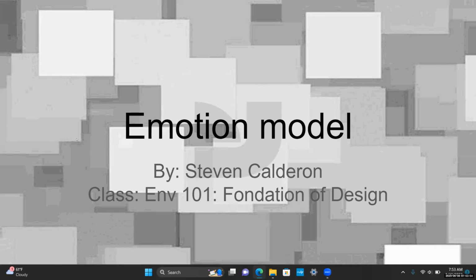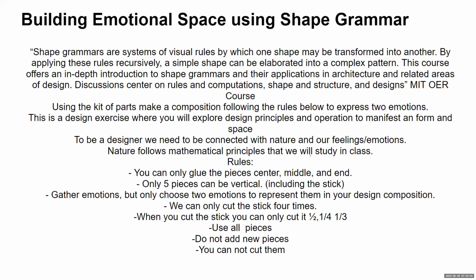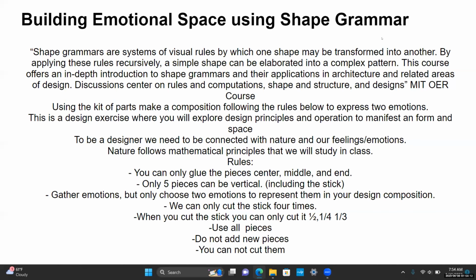Okay, the first one I'll present is my emotion model. It's using a shape grammar. Shape grammars are systems of visual rules by which one shape may transform into another.